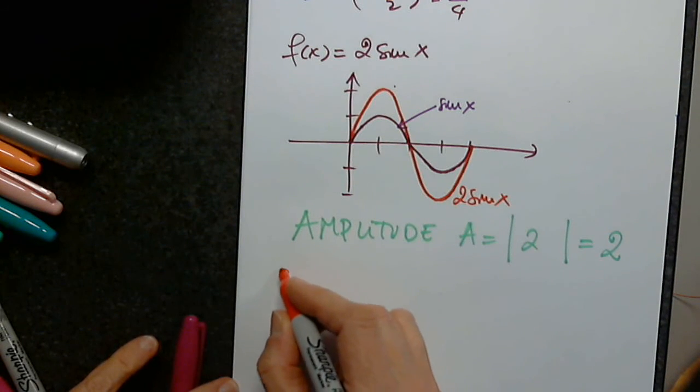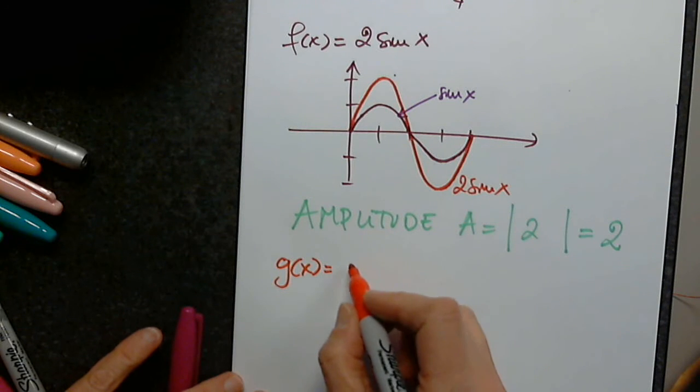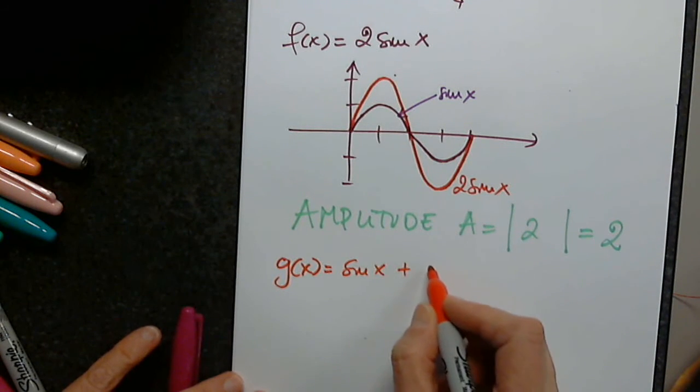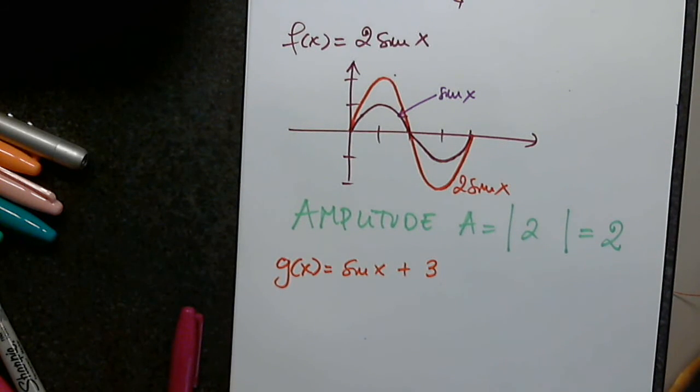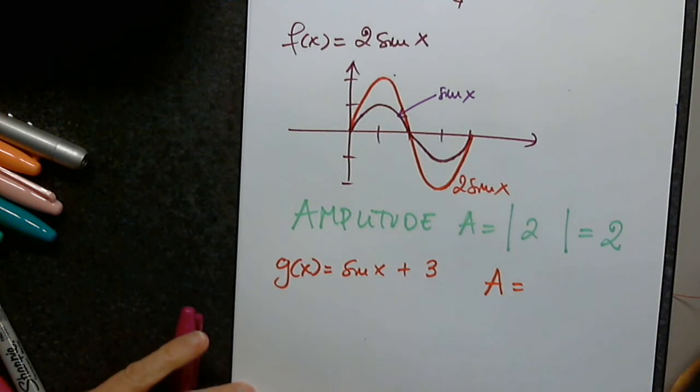Okay, let's look at this function now. g of x equals sine x plus 3. The amplitude is still the same; no matter what happens outside of sine, the amplitude is still the distance between max and min divided by 2.